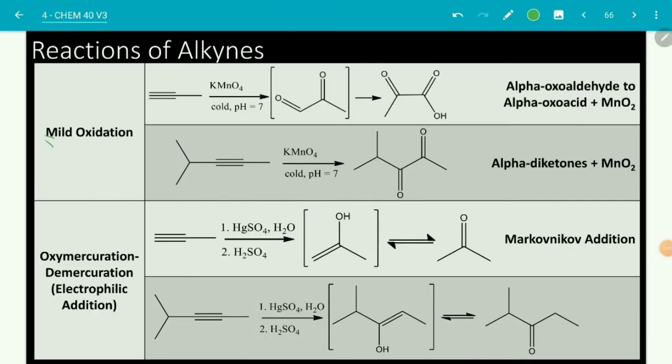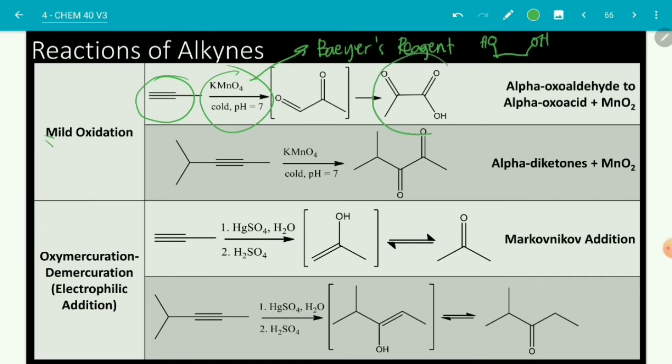So, kapag mild oxidation, walang involved na cleavage. Okay? Hindi natin nakakat yung triple bond. So, anong reagent yon? Yung Bayer's reagent. Okay? So, this is the Bayer's reagent. So, kapag ka-alkene, if you remember, ang napoproduce ng Bayer's reagent ay yung 1,2-diol or yung vicinal diol. So, in this case, kapag ka-terminal alkyne, ang napoproduce niya ay alpha-oxo acid.